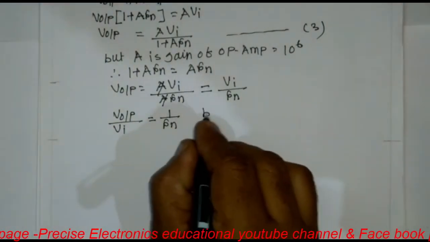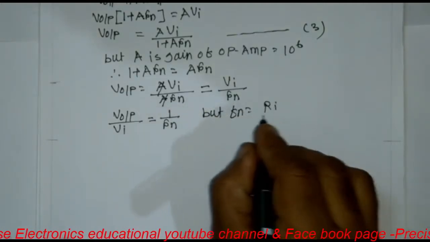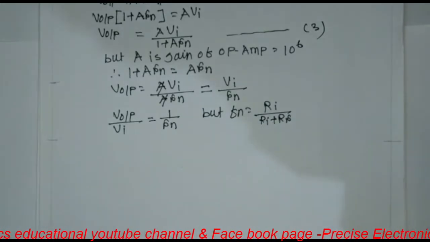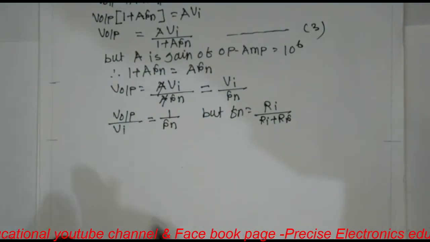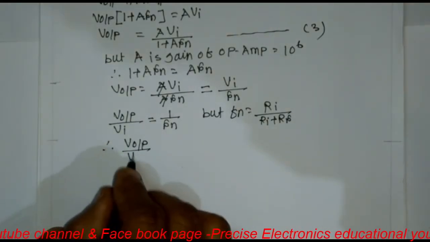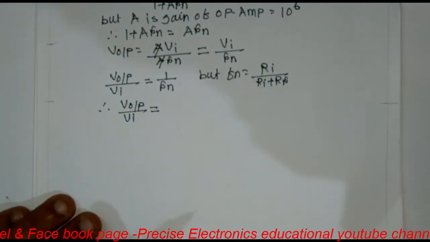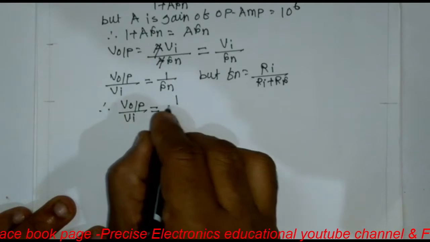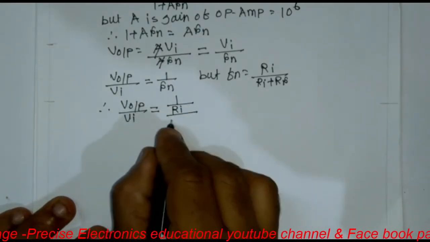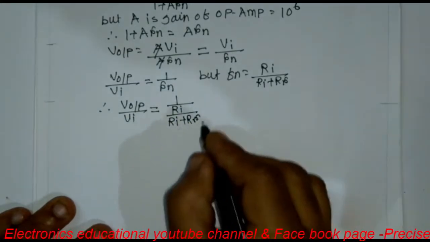But Fn is equal to Ri upon Ri plus Rf. Therefore V output upon Vi is equal to 1 upon Ri upon Ri plus Rf.